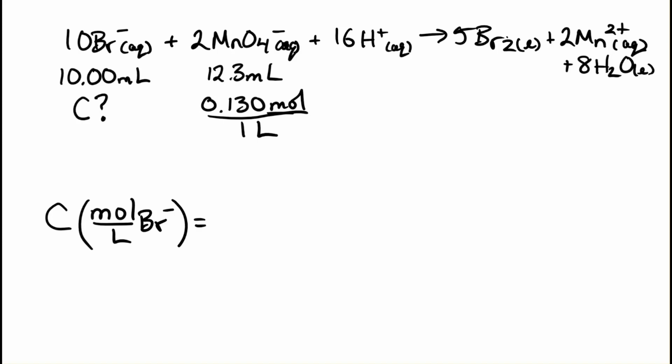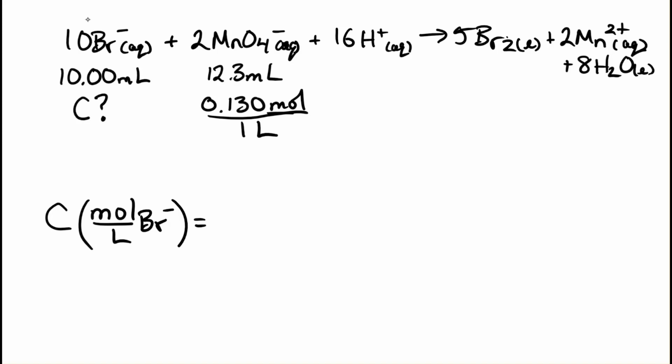Well, let's either look for the moles of bromide on top, or the liters of bromide on the bottom. We could start with liters of bromide on the bottom. I know how many liters, 10 milliliters of bromide. But let's start on top.